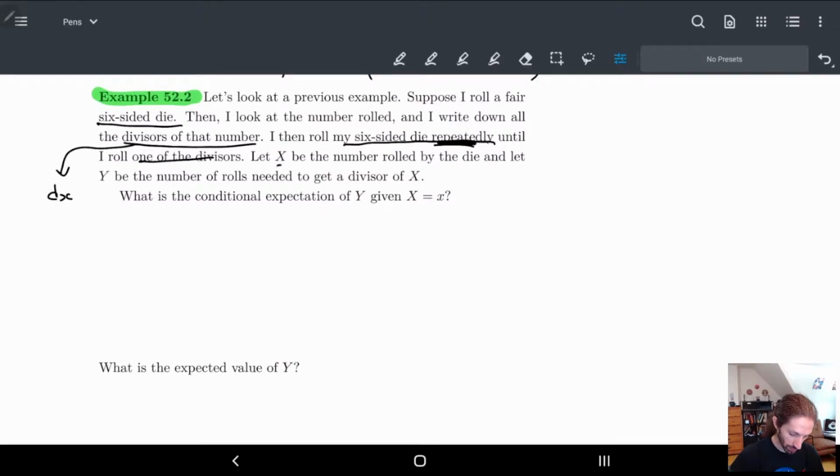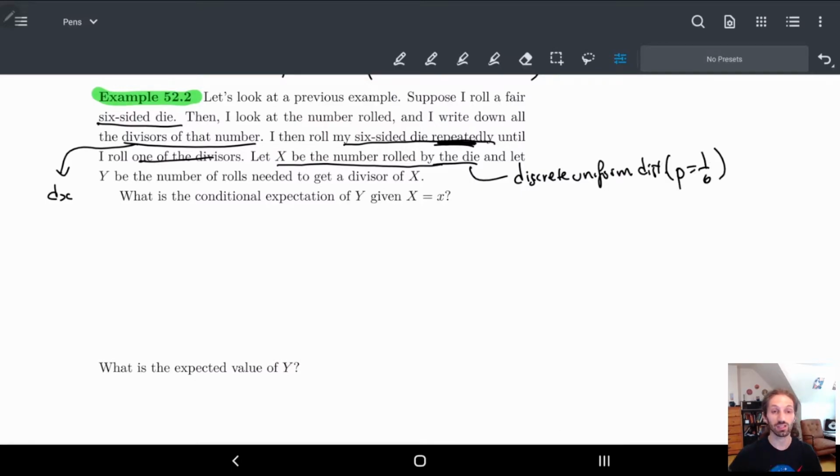So we're going to let x be the number rolled by the die, so that's the first time. This is just the standard discrete uniform distribution. Here p is equal to 1/6 because each one has a 1/6 chance of coming up.